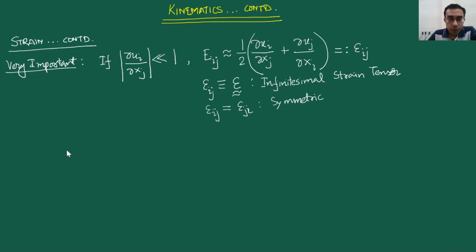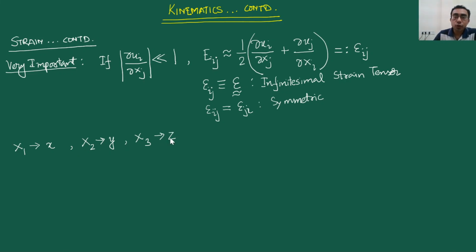What is the connection between that kind of a notation and this index notation, where you are using x1, x2, x3? We can say that the x1 corresponds to small x, the x2 corresponds to y, and the x3 corresponds to z.